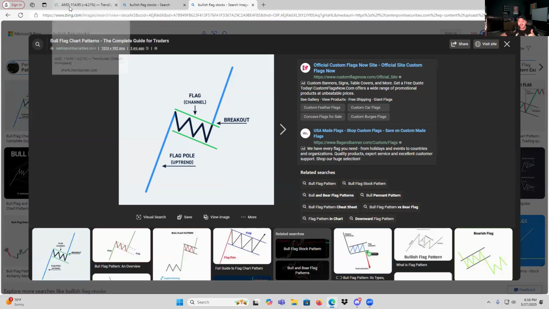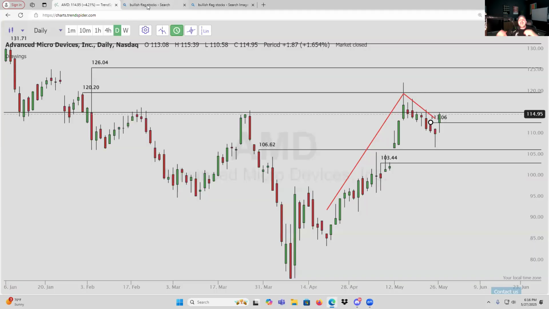So we broke market structure, reclaimed bullish market structure, and now we have a bullish flag on the daily time frame. So if we have all of these confluences giving us bullish tendencies, then we know that the highest probability is going to be continuation now to the upside.